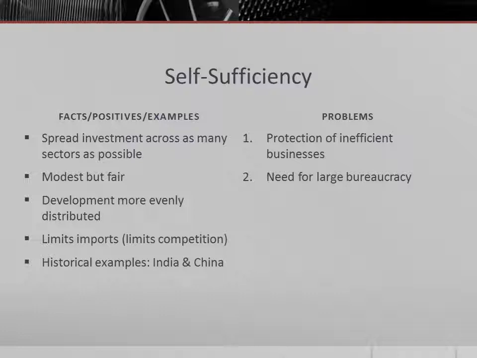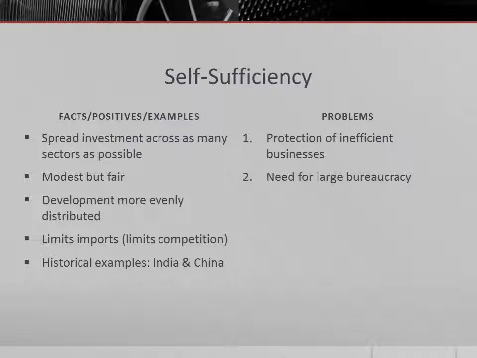In the past, India and China developed their countries using the self-sufficiency approach. But even now, we don't see that all that often. In fact, most countries don't use the self-sufficiency approach anymore. Even India and China are no longer doing that. There are a couple of reasons why. On the negative side, the problem side of this, effectively you are protecting inefficient businesses, industries and services.